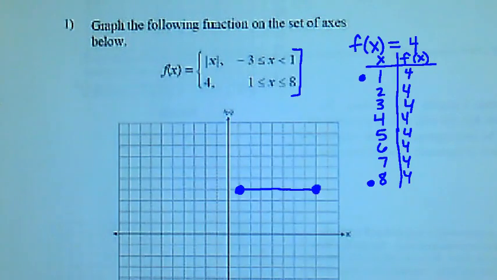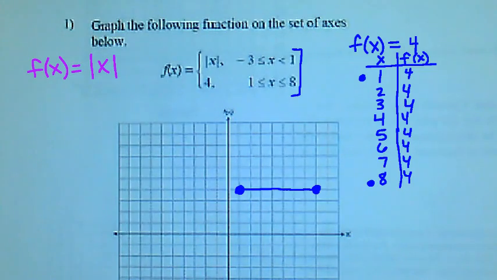Okay. All right. Now the next one, for our absolute value, okay, so I have f of x is equal to the absolute value of x.